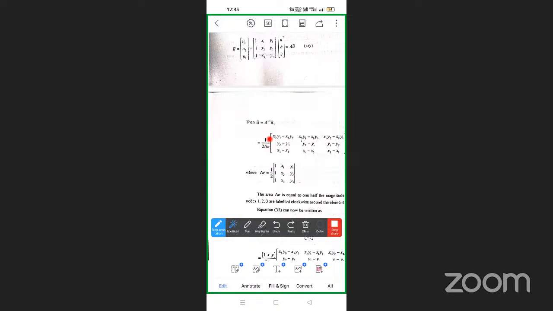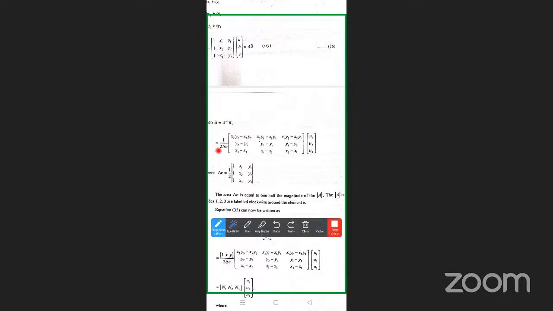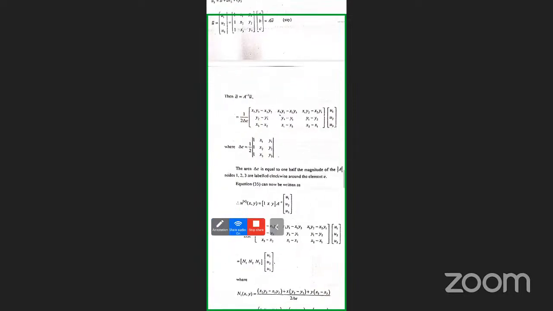So A bar is equal to 1 by det A into the adjoint of A. This is the A matrix. We can find the inverse of matrix A as adjoint of A by determinant of A, so this is 1 by 2 delta E into the adjoint of A into the U matrix, U1, U2, U3. The determinant is 1 by 2 times the determinant of 1, x1, y1; 1, x2, y2; 1, x3, y3.